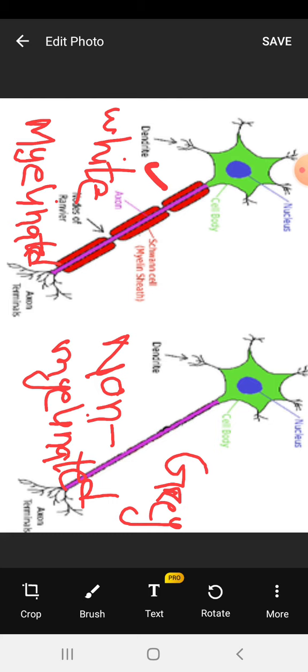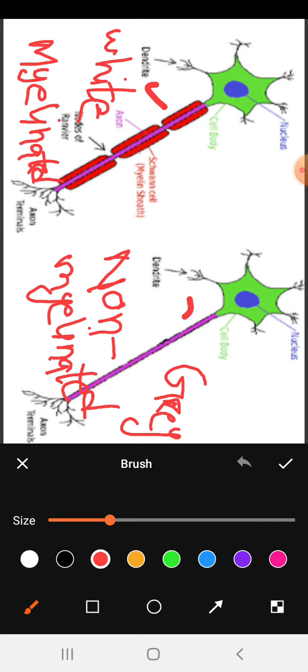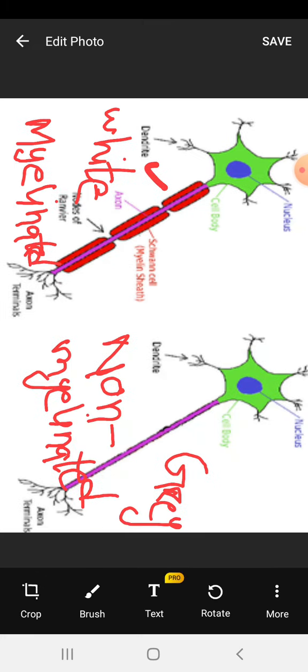Let's switch to the non-myelinated nerve fiber. As the name itself indicates, these small fibers are without the myelin sheath. You can see in this picture there is no myelin sheath. The axon is surrounded by a syncytial sheath of Schwann cells.